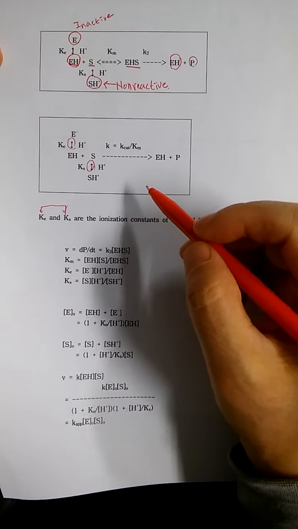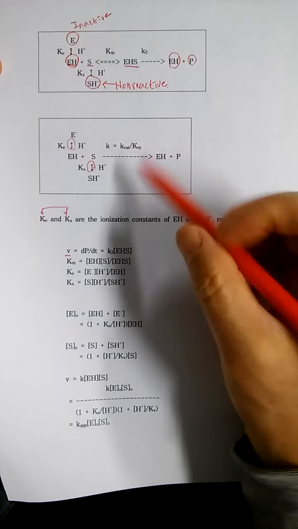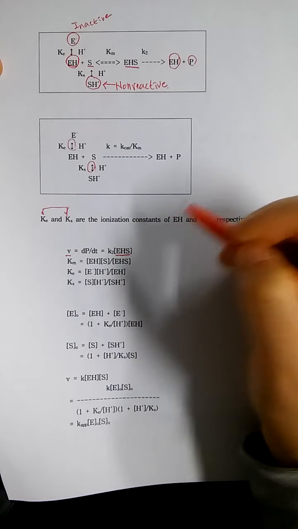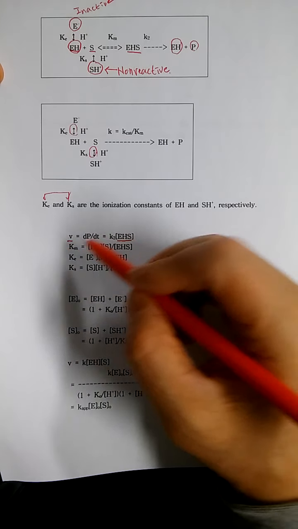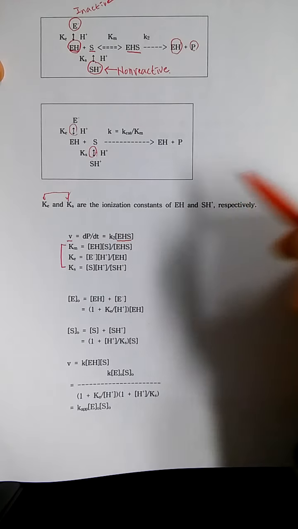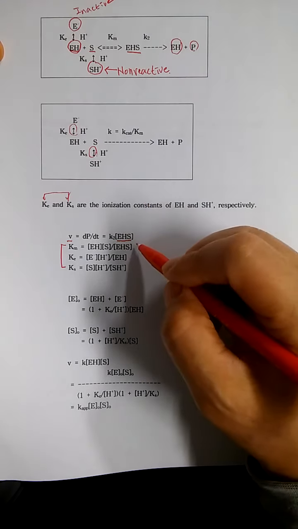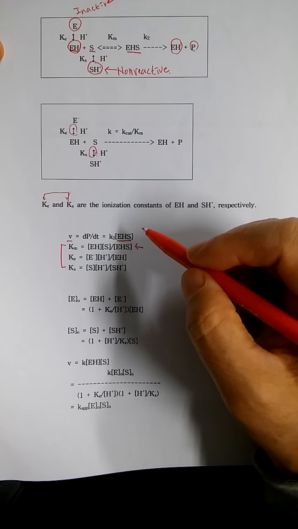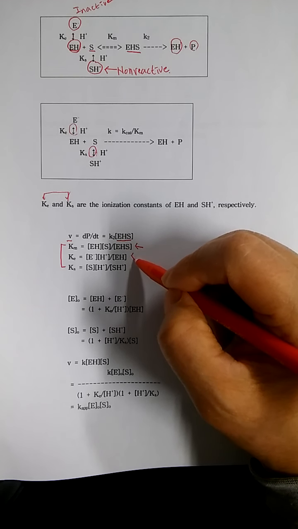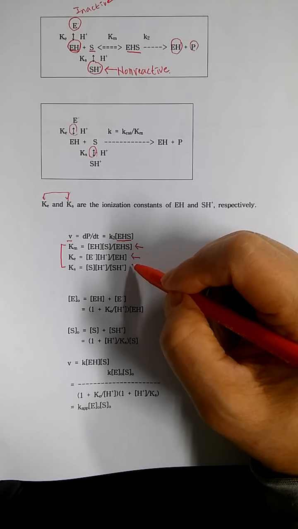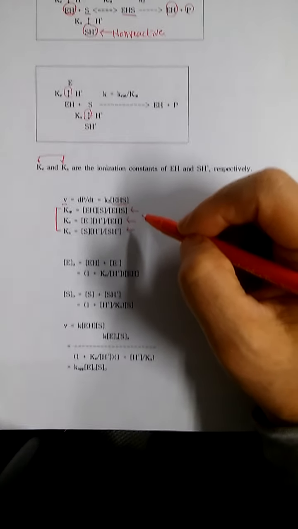So we'll start with V, which is k2 times the concentration of the enzyme-substrate complex, EHS. Here we have three constants: for the binding step between enzyme and substrate, for the ionization step for the enzyme, and for the ionization step for substrate.